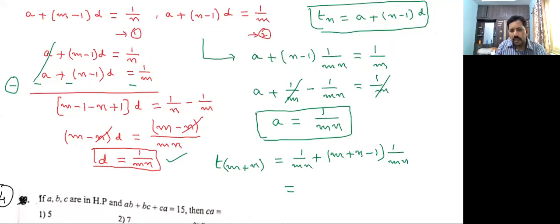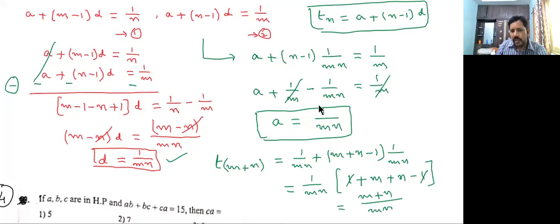See here, take 1 by mn common in both the terms. Remaining what is there? 1 plus m plus n minus 1. Minus 1 plus 1 cancel. We get m plus n by mn. This is Tm plus n. This is in AP series.